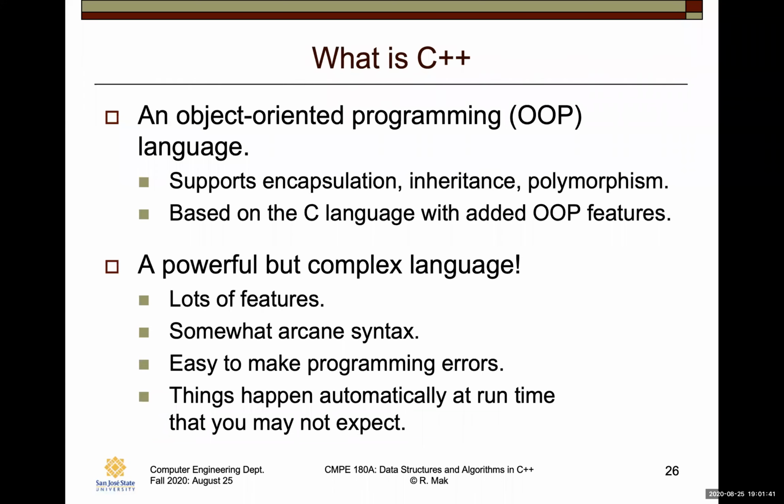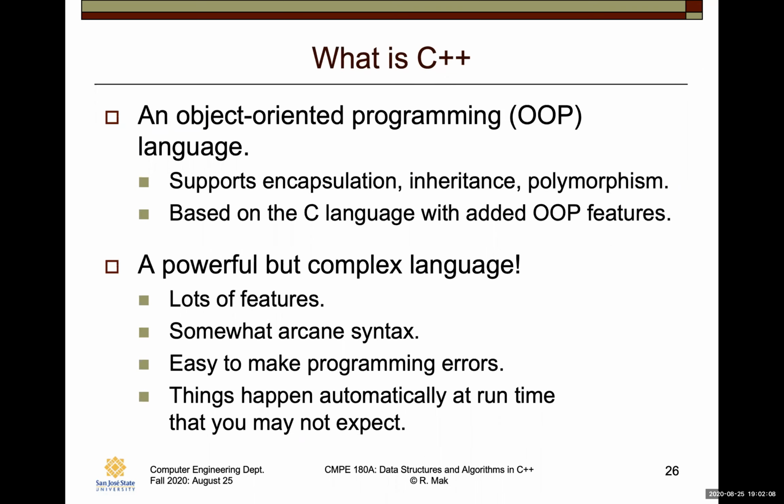It's easy to make programming errors. And then another feature of the language is that when you're running your program, it does things behind your back that you may not realize. In most programming languages, you write the program, and by looking at it, you can pretty much figure out what's going to happen at runtime.